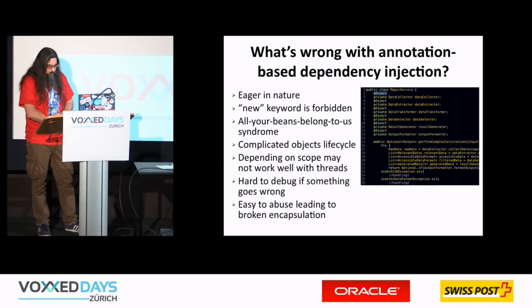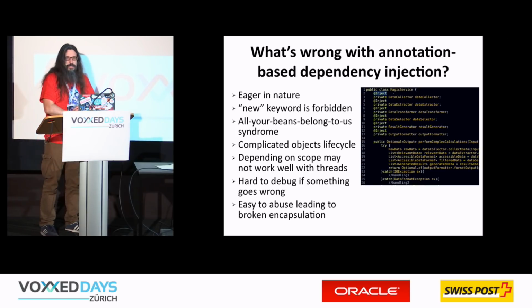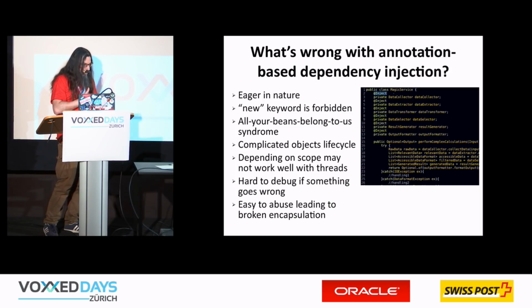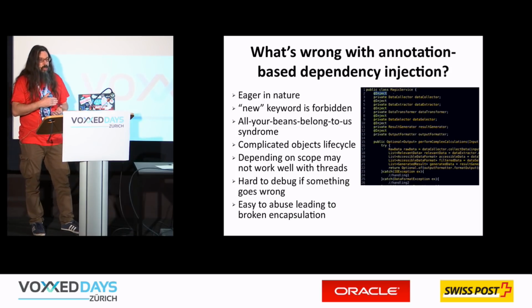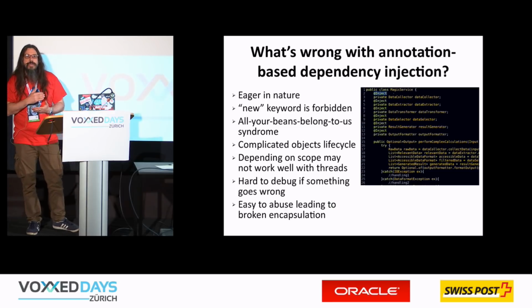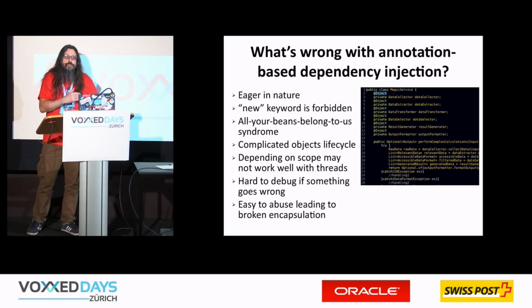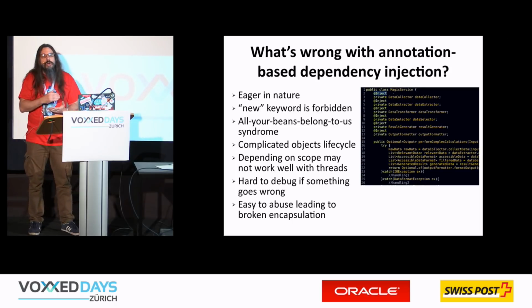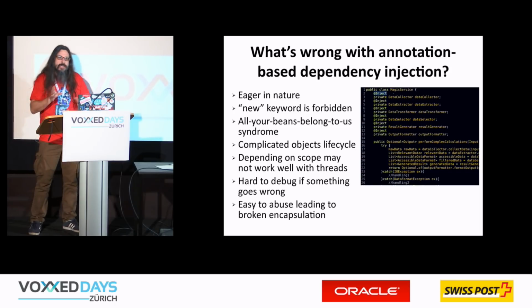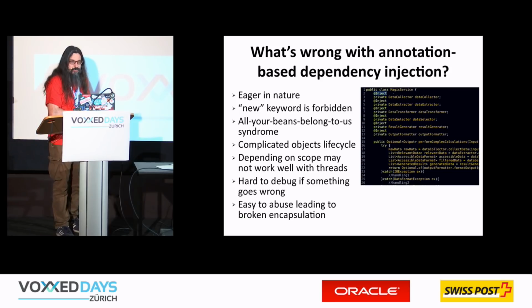Of course, it is eager in nature, but there are worse things. In general, you cannot use the new keyword. The main problem is that the life cycle of your beans, your POJOs, your objects, is no longer under your control. The life cycle of the objects is under the control of the dependency injection framework.